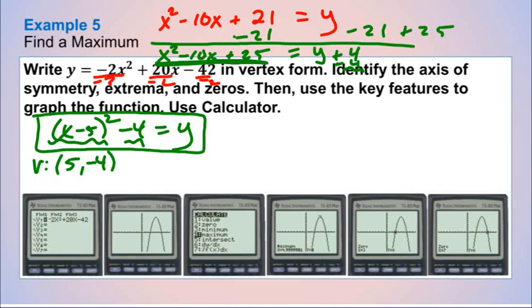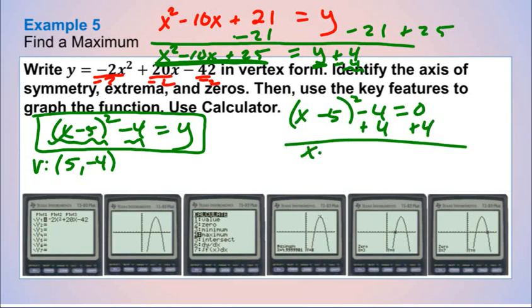My x-intercepts, my zeros. So I'm going to go back to where I have this y here. That's going to be a 0. So right now, instead of this y in vertex form, I have x minus 5 squared minus 4 equaling 0. I'm going to add 4 to both sides. x minus 5 squared equaling 4.